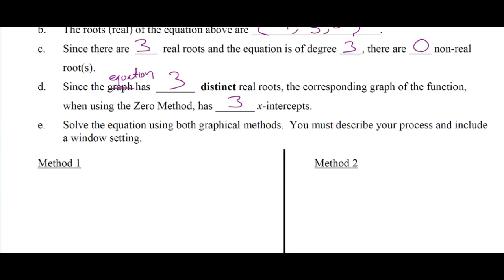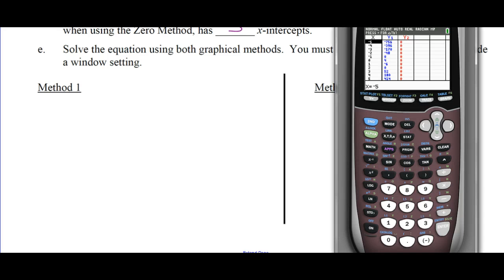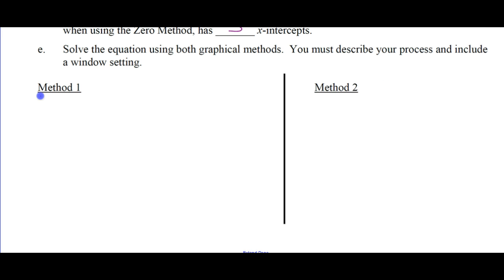Solve the equation using both graphical methods. You must describe your process and include a window setting. So method 1 was to go y equals. Y1 is the left-hand side of the equation, which was 5x cubed minus 7x squared.